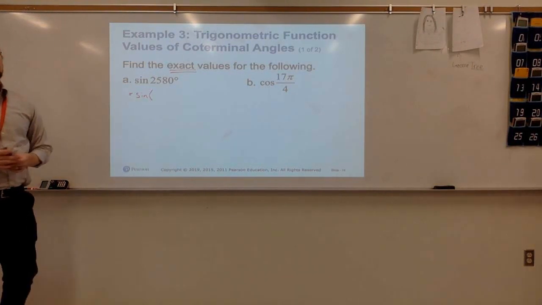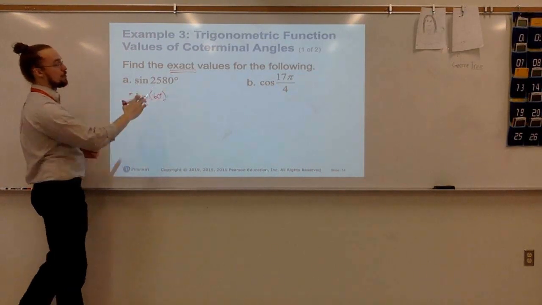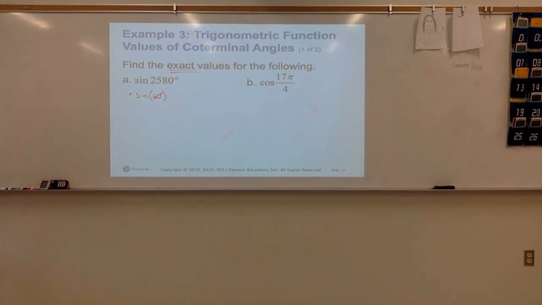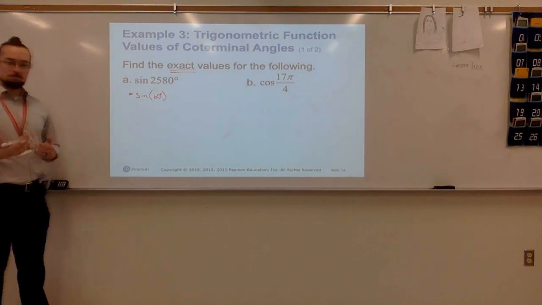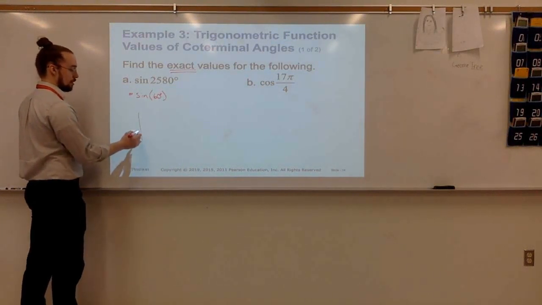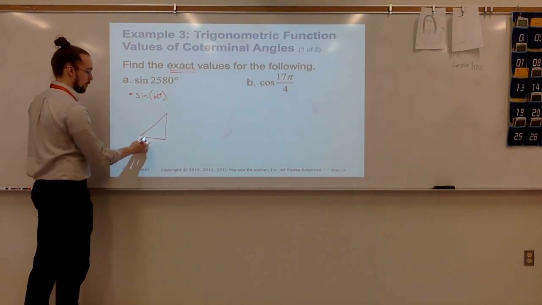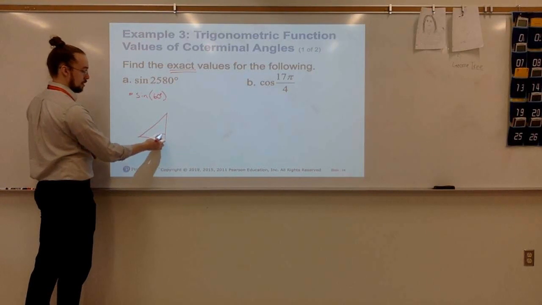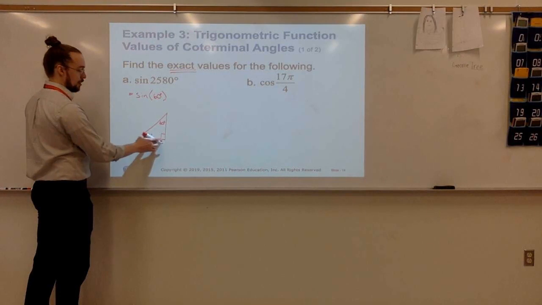Say what? 60? So the sine of 2,580 degrees is going to be the exact same as the sine of 60 degrees. Now, we talked about special right triangles a little bit already. So we have our 60-degree special right triangle. This is 60, 30.